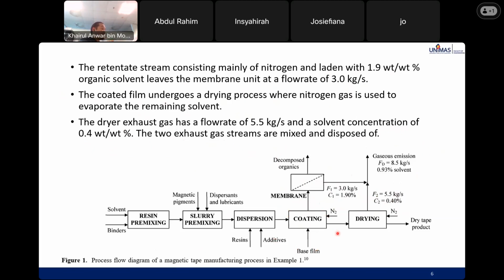Coating and drying will require fresh feed nitrogen, and the excess nitrogen will be disposed. At the moment the fresh feed is 8.5 kg per second.